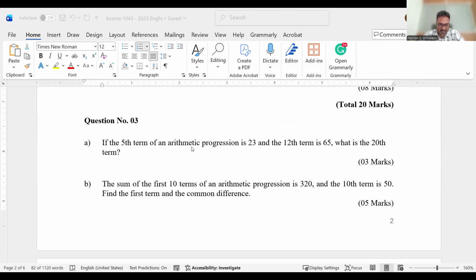If the fifth term of an arithmetic progression is 23 and the 12th term is 25, what is the 20th term? Right? So how can we solve this? What kind of things can we apply for this? Do you have any suggestions to solve this one?